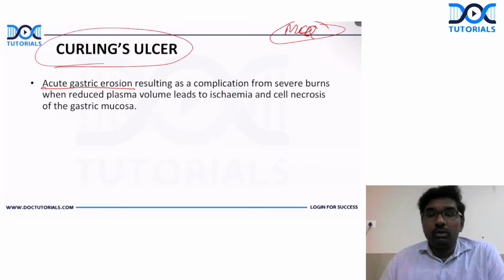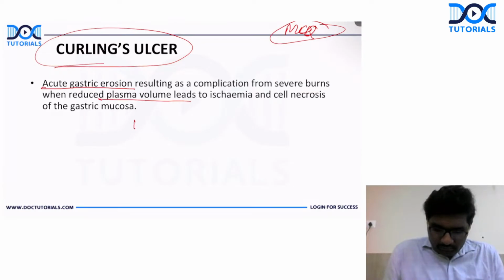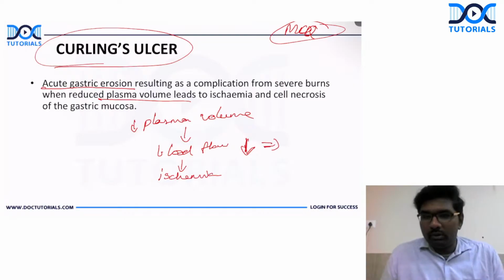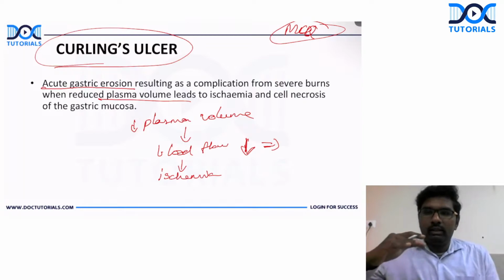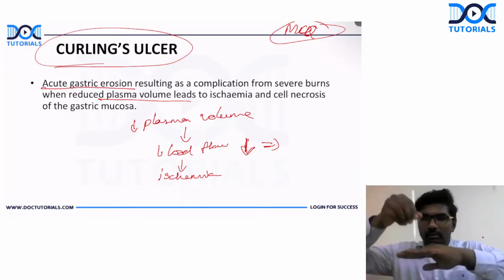So, Curling's ulcer is an acute gastric ulcer that occurs because of burns. What is the mechanism behind it? This is because of reduced plasma volume. So, blood flow will be affected and will reduce. This will cause ischemia. Consider if this is a layer and blood flow is from this direction.